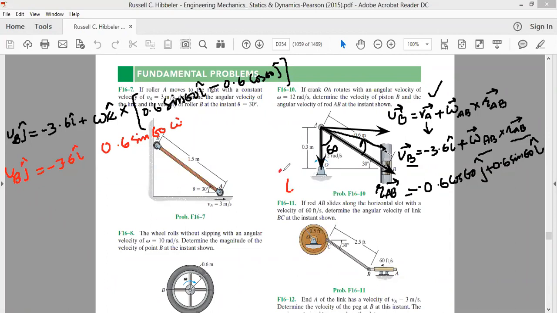As far as k cross i is concerned, this is i, this is j, this is k, so k cross i is equal to j. So this is plus j cap.